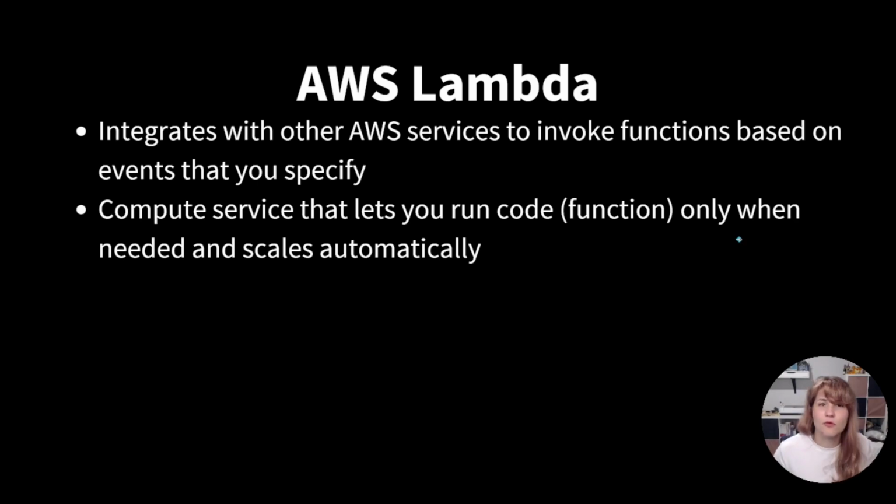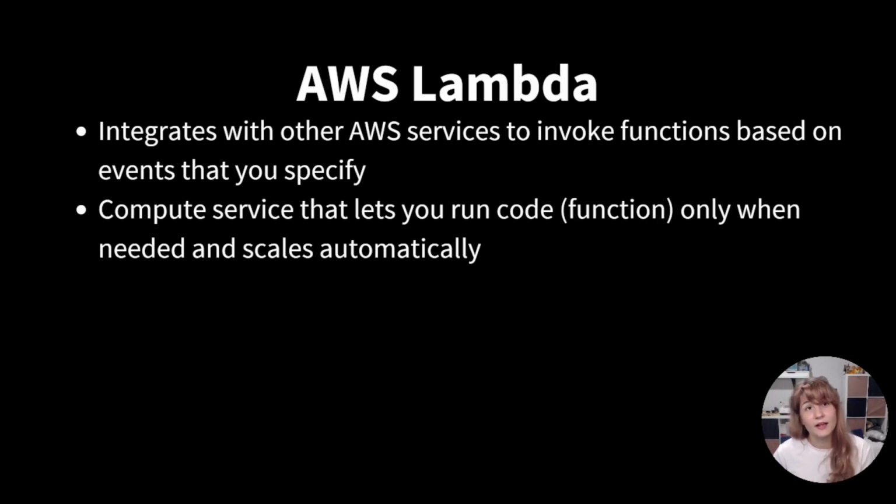And this is all important to know because AWS Lambda integrates with other AWS services to invoke functions based on the events that you specify. Lambda is a compute service that lets you run your code, the function, only when needed, and it scales automatically.